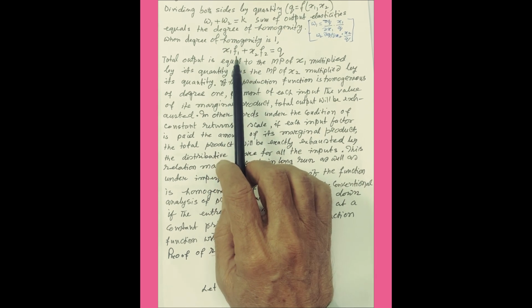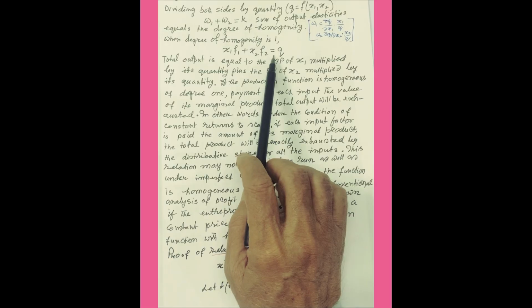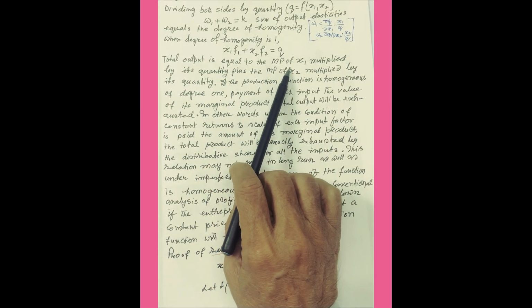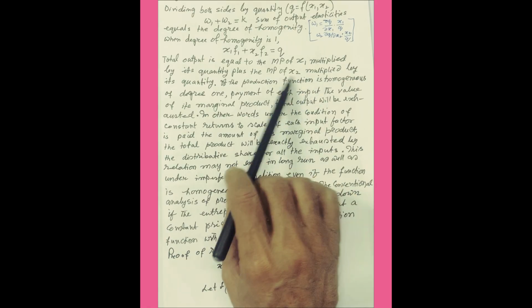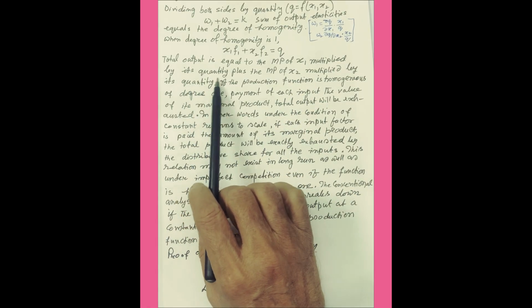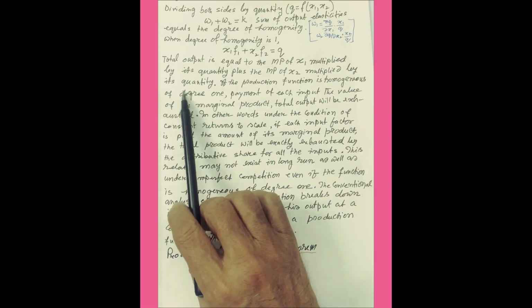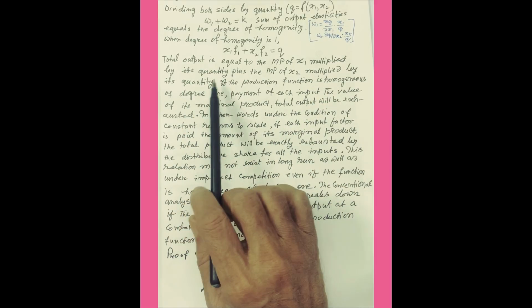So x1 f1 plus x2 f2 is equal to q. Now total output is equal to the MP of x1 multiplied by its quantity plus the MP of x2 multiplied by its quantity.